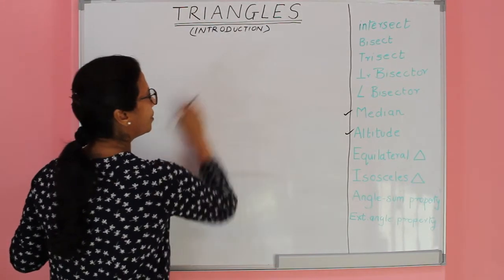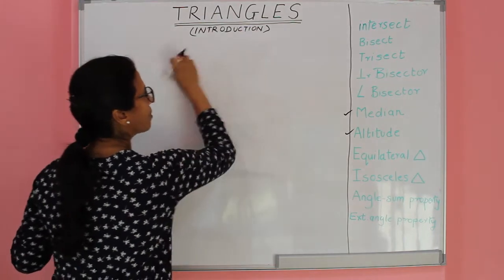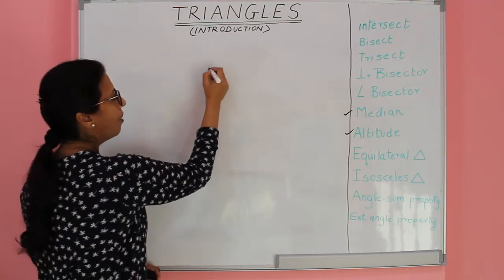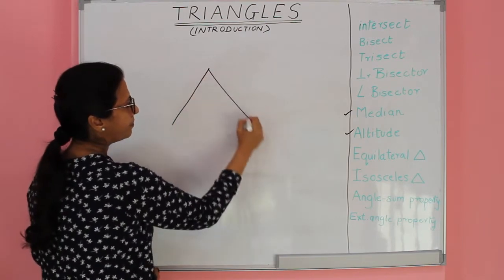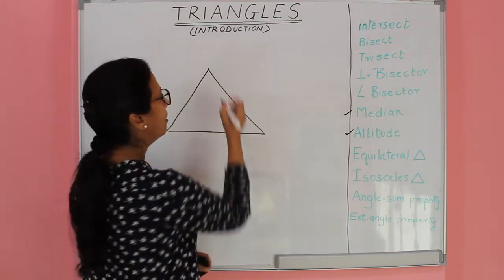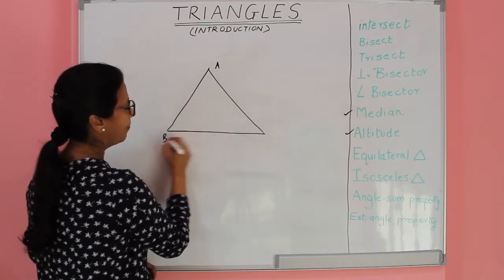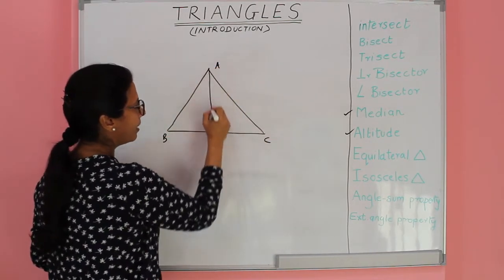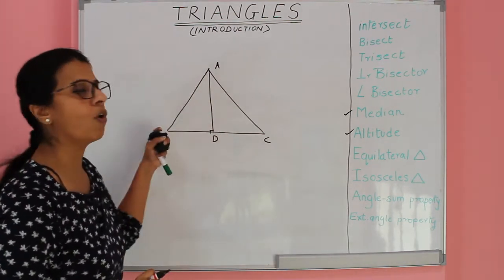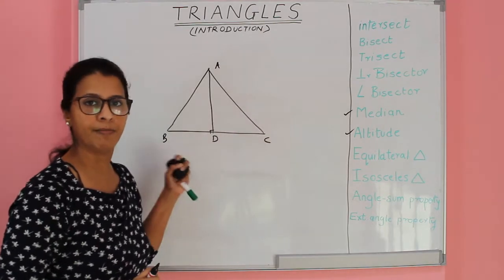Next is altitude. As we know, altitude we also say as height, but usually in geometry we say the word altitude. Now, what is altitude? It's the height or the perpendicular. So when I am saying ABC and I am drawing this, suppose this is AD, my AD is the altitude of triangle ABC.